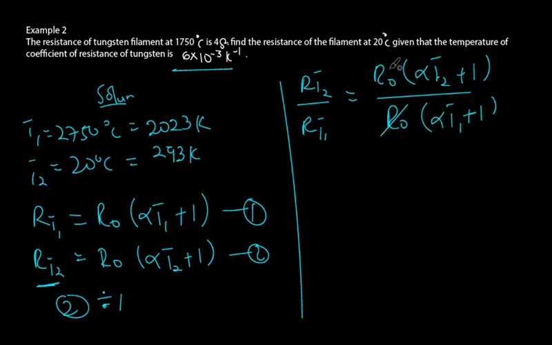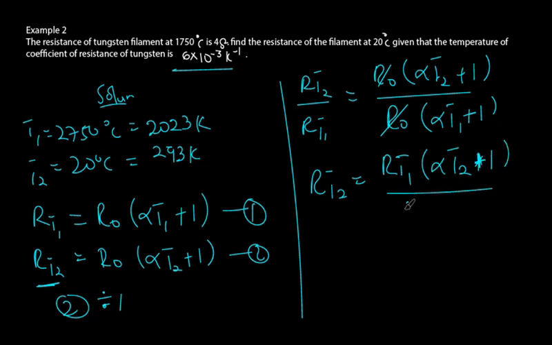So the R naught cancels. Let's make RT2 the subject. RT2 will be equal to RT1, into bracket alpha T2 plus 1, all over alpha T1 plus 1.